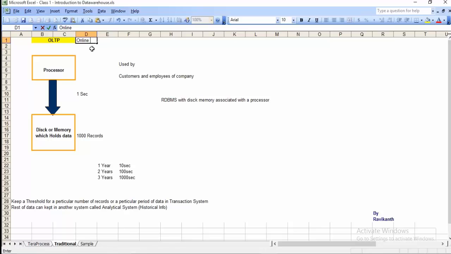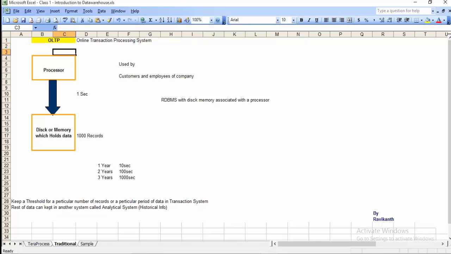Online transaction processing system. That means it's a live, traditional system. Generally, all the operations happen on OLTP systems, online transaction processing systems.